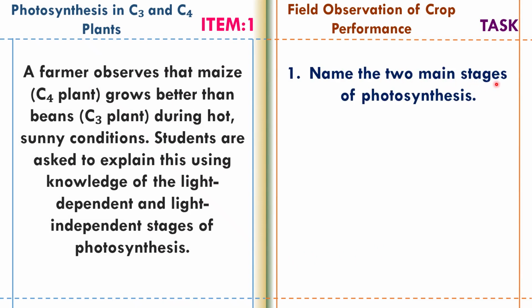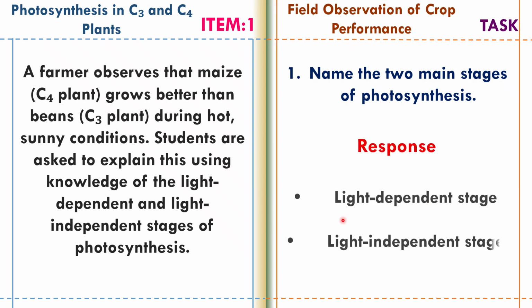Name two main stages of photosynthesis. There is the light-dependent stage and light-independent stage, which we call the Calvin cycle.